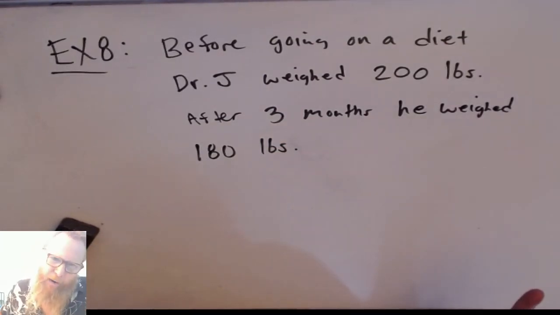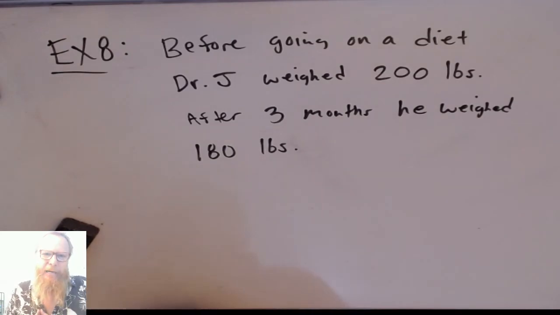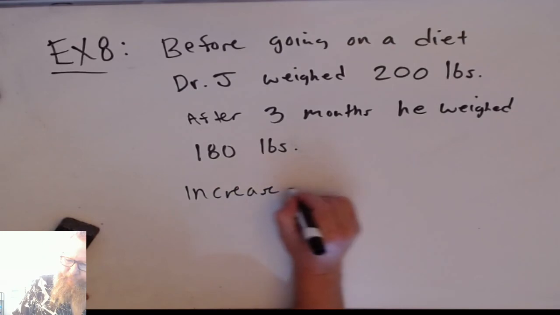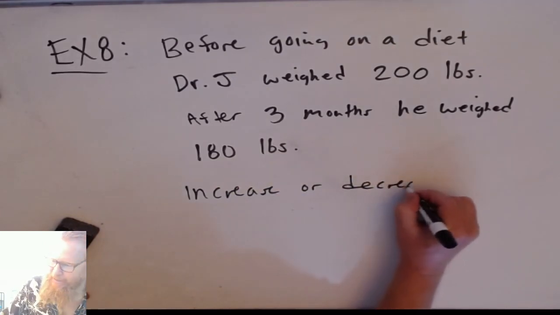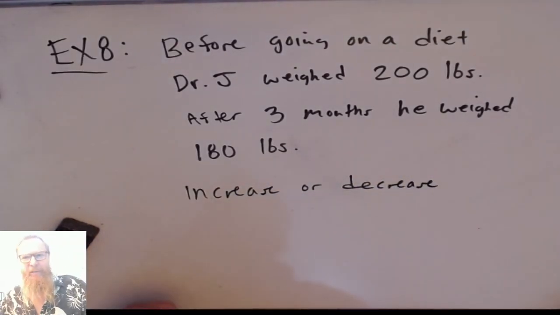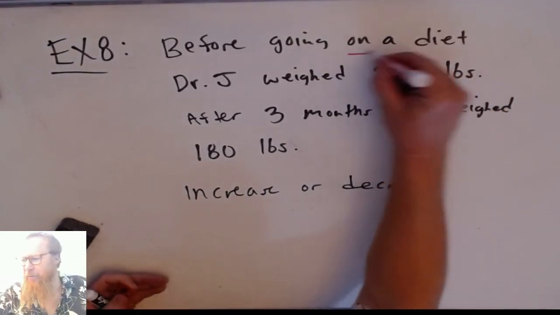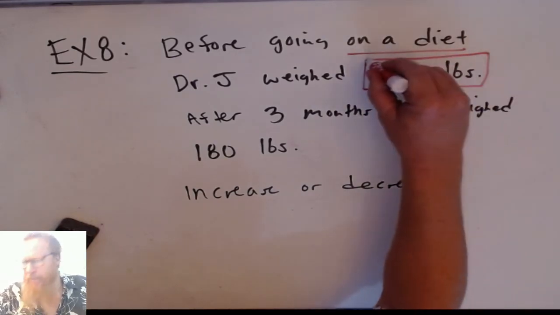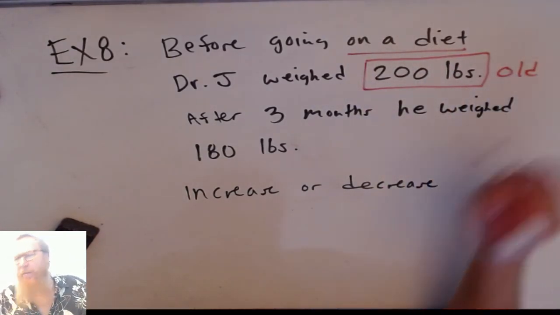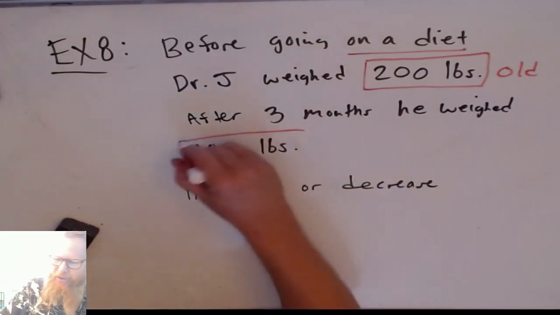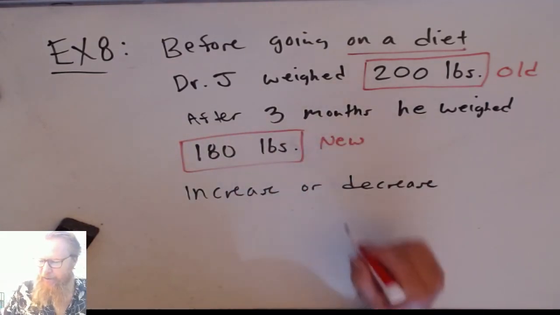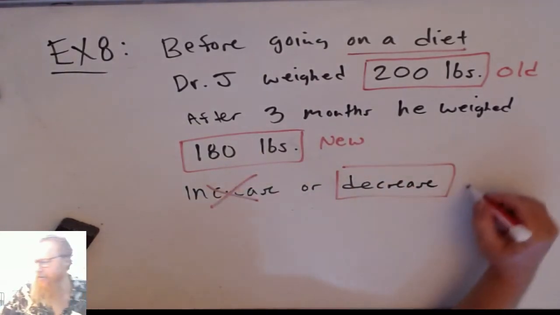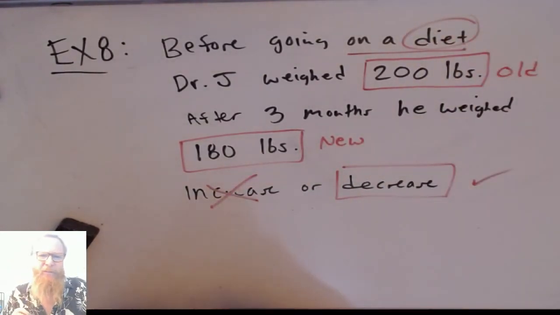I'm kind of giving it away, yeah. Is it an increase or a decrease? Sometimes I'm not so subtle with these things, yeah. So I kind of gave it away before going on a diet. It'd be funny if I went on the diet and actually gained weight. Weighed 200 pounds. So that's the old amount, yeah. The new amount is 180, and so that is a decrease. Yeah, so I know it's a decrease. Check. It's a diet. I'm supposed to lose weight, right?